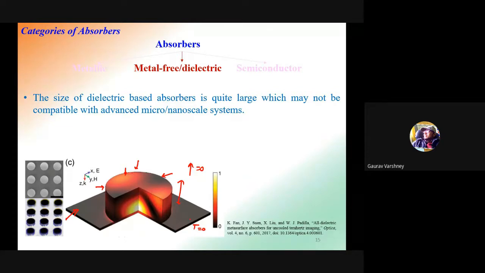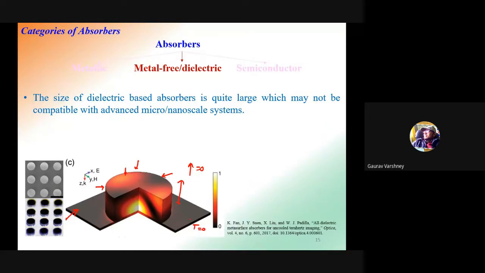So the limitation of these dielectric based units is that they can provide large thickness in comparison to metal based or other material based absorbers.